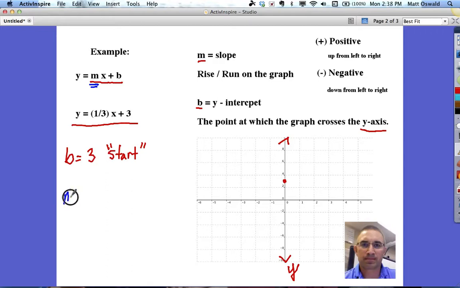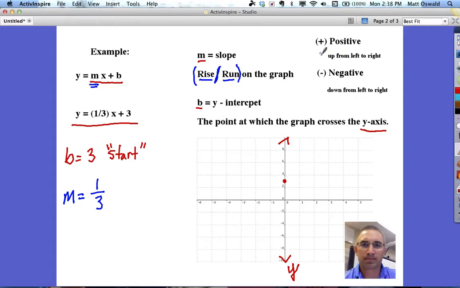So in our example, I can see that the m is actually a fraction, 1/3. This is okay because we actually want slope to be a ratio, and it's going to be a ratio of the rise divided by the run. And that's going to be the visual representation of the slant of the line on the graph.